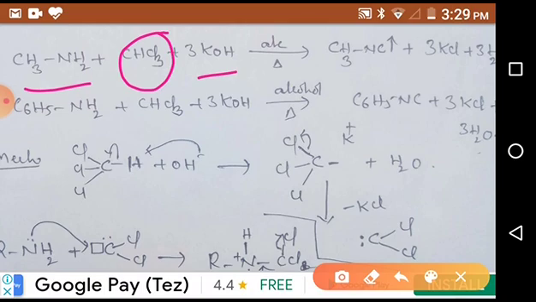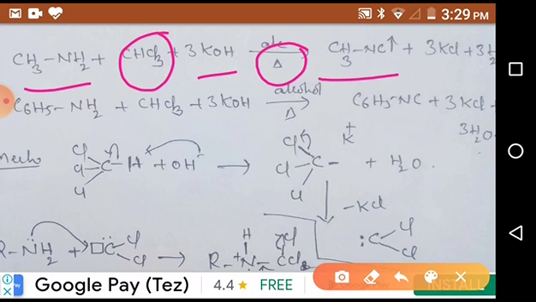When we add these three and heat the mixture, we get a poisonous gas with a pungent, specific, very bad smell. We can't stay in the laboratory when this gas evolves. This is the isocyanide, methyl isocyanide or carbylamine.